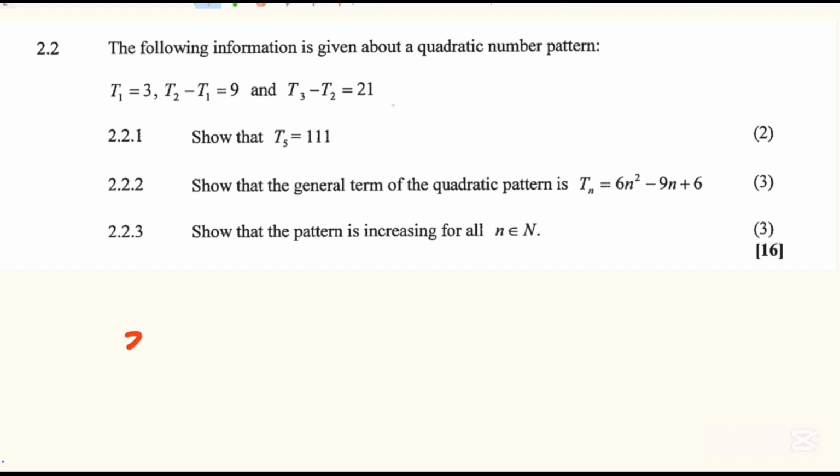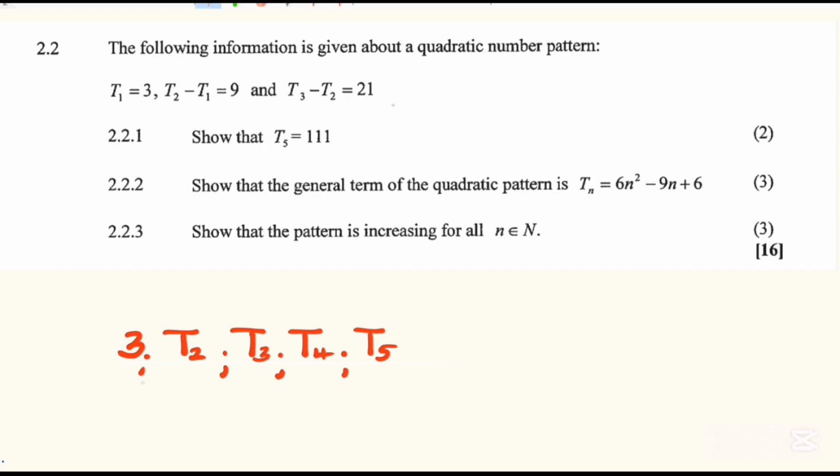So the first term is equal to 3 and we are not given term number 2, so we denote it with T2, and we are also not given term number 3 or term number 4, and we have to determine term number 5.